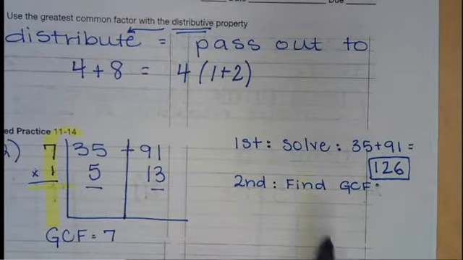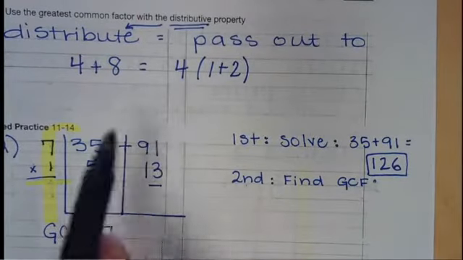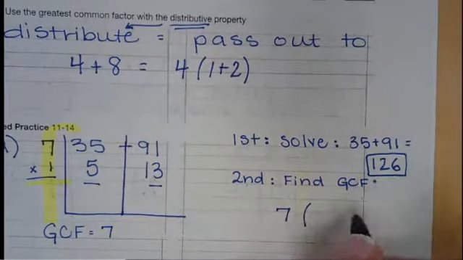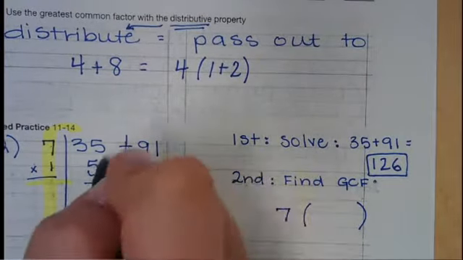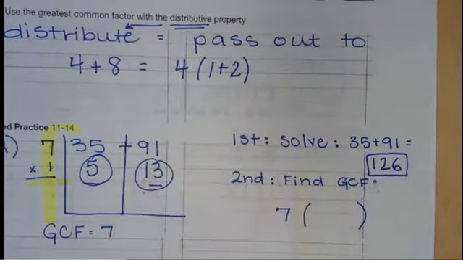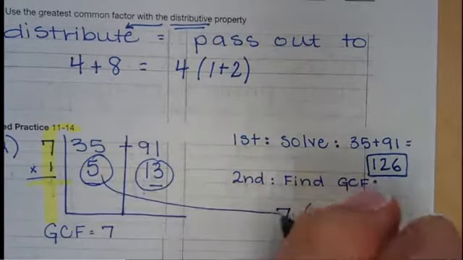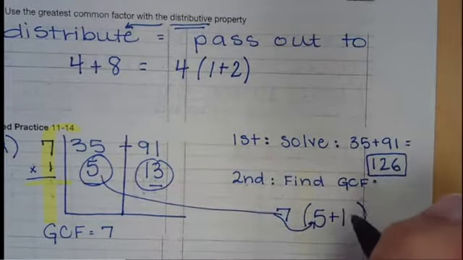So I have that. That is what I put outside my parentheses, like up here. And then the sum of the 2 other numbers, your 2 other numbers are these 2 that are left over, the 5 and the 13. So I just take the 5 and put it inside the parentheses, and I take the 13 and put it in the other one.